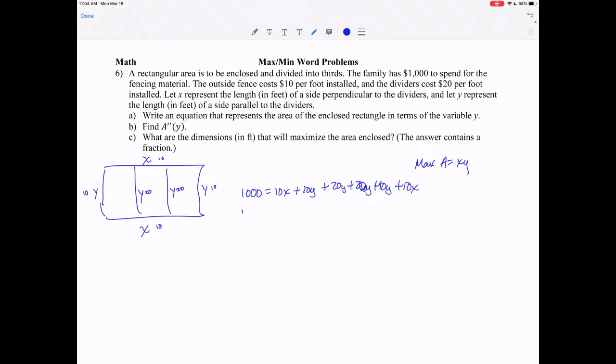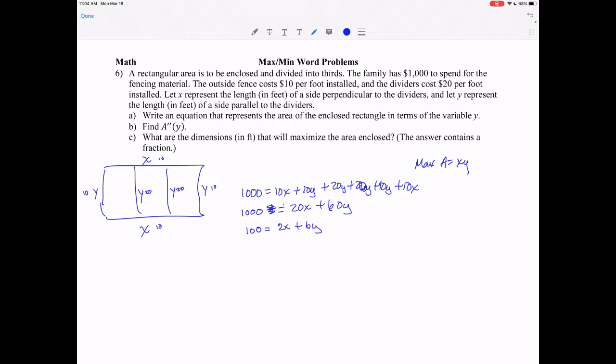Now let's combine things. So that's 1,000 equals 20x plus 60y. I'm going to divide everything through by 10. So that's 100 equals 2x plus 6y.